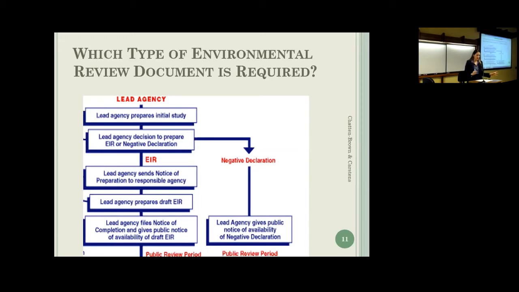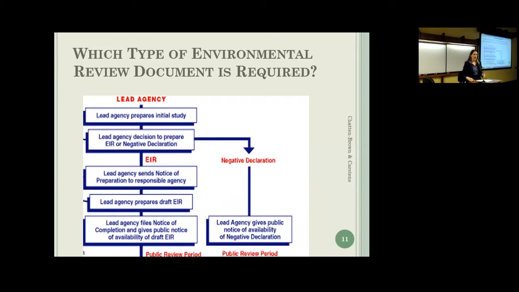So once you've determined that there is a discretionary project and no categorical or statutory exemption applies, then the type of environmental review document that's required should be evaluated. Lead agencies use an initial study to evaluate this.